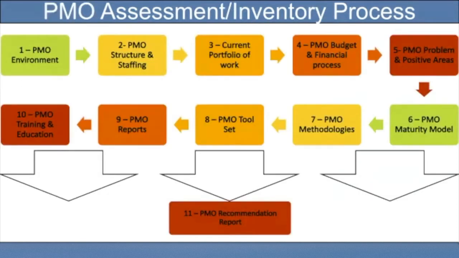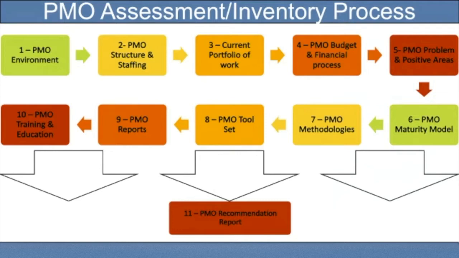Excellent. So what I've done is I've broken this down into 10 steps of what you'll do through this inventory and assessment process. You're going to review the PMO environment, review the PMO structure and staffing, review the portfolio of work, review the budget and financial, review the problem areas and positive areas, review the maturity model, review the methodologies, review the tools, review the reporting, and review any education or any training that's set up.